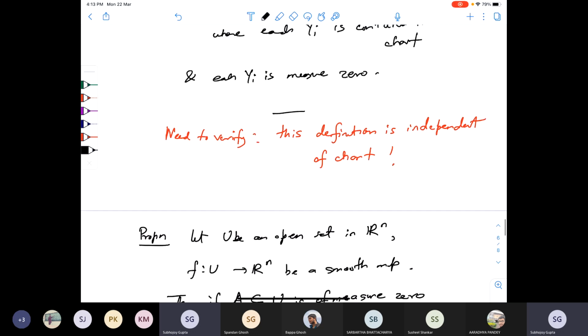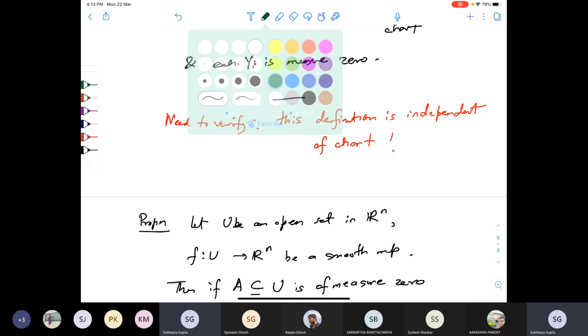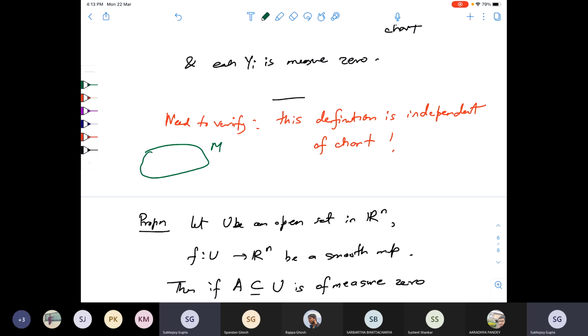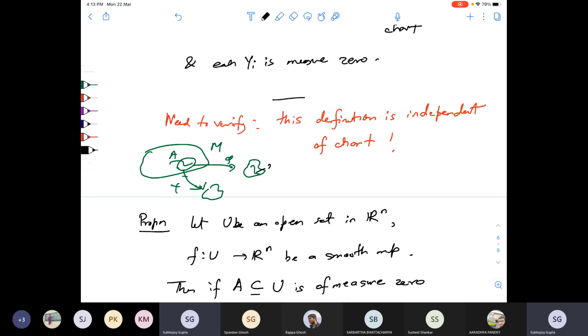Why does this help us here? Well, if you have two charts, they differ by such a map between open sets in R^n to R^n. Suppose you have a manifold M, some set A is sitting somewhere, and you have two charts, phi mapping somewhere and psi mapping somewhere else.